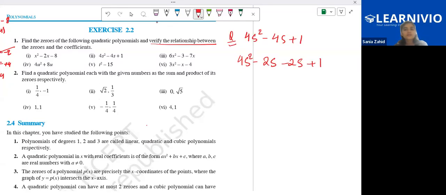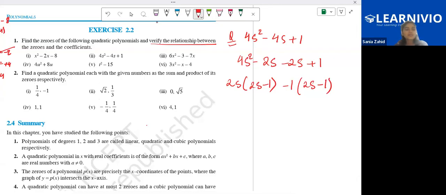So you take 2s as common. In the bracket, you will get 2s minus 1. And then here you will take minus 1 as common. So in the bracket, you will get 2s minus 1.